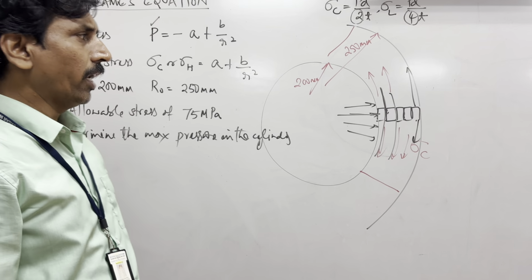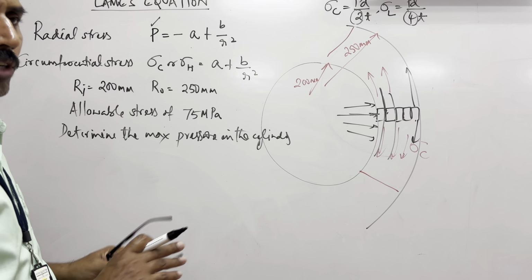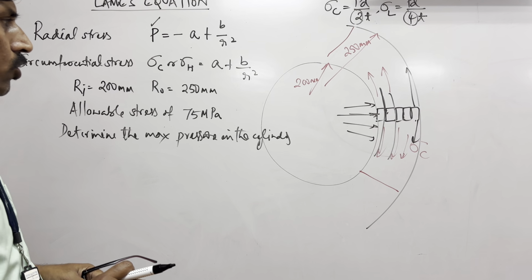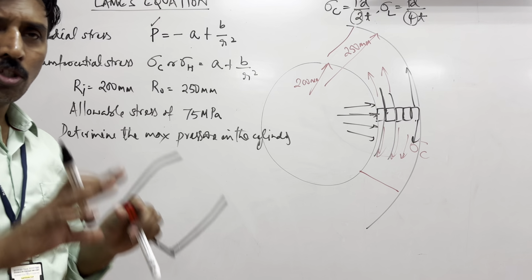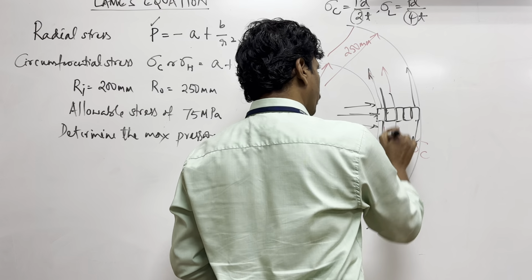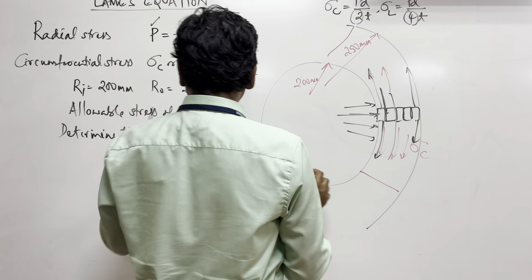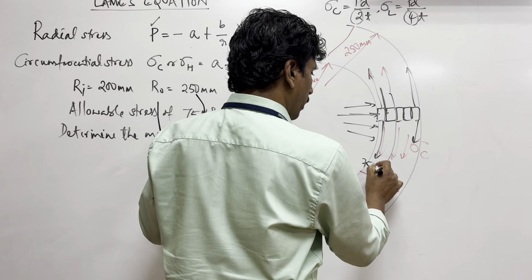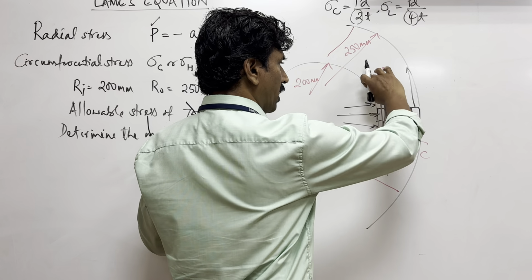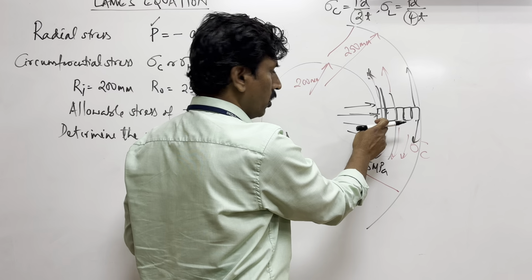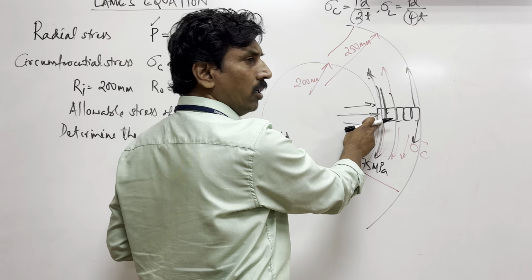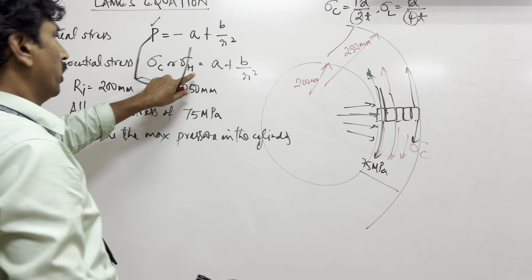So with this logic we try to set the boundary condition. As an engineer, I know that there will be circumferential stress here which can go up to 75 MPa and fail. Is it inside or outside? It is inside. So circumferential stress is inside.